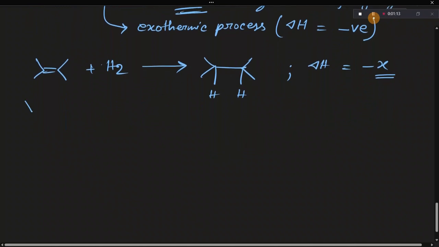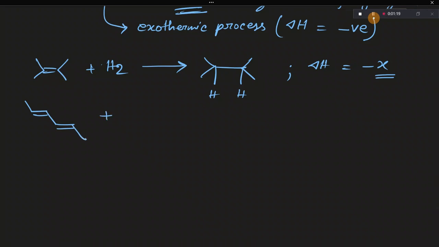Now, if we consider another one like this, two double bonds are present. So we need 2 moles of hydrogen and we get this alkane. Here the delta H is minus 2X. The enthalpy change is doubled.